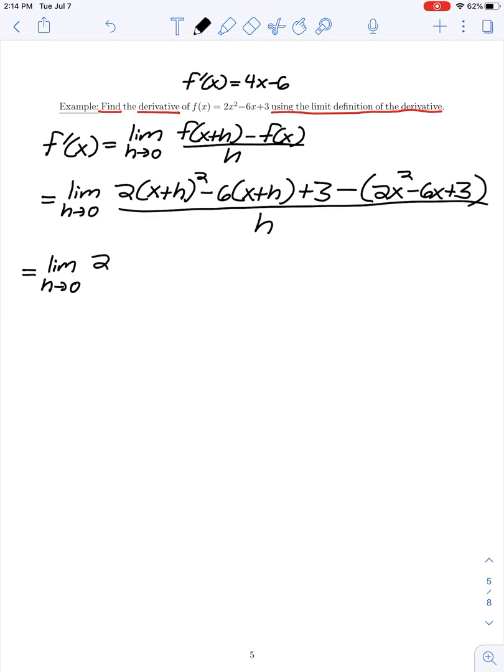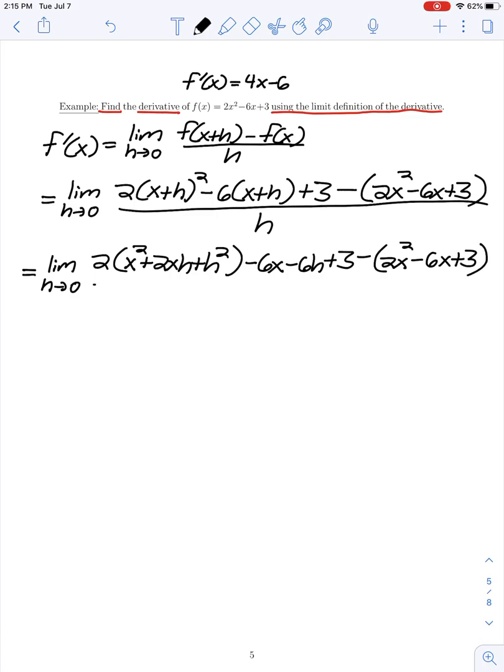So we have a 2 times, if we expand x plus h squared, we have x squared plus 2xh plus h squared. Distributing the negative 6, we have minus 6x minus 6h plus 3. And then we're still subtracting the 2x squared minus 6x plus 3. And the whole thing is divided by h.